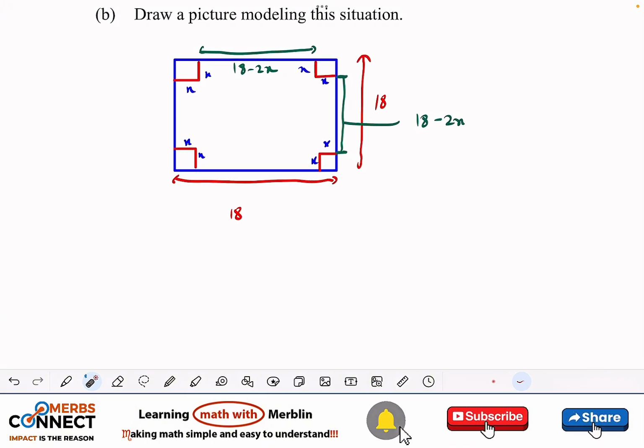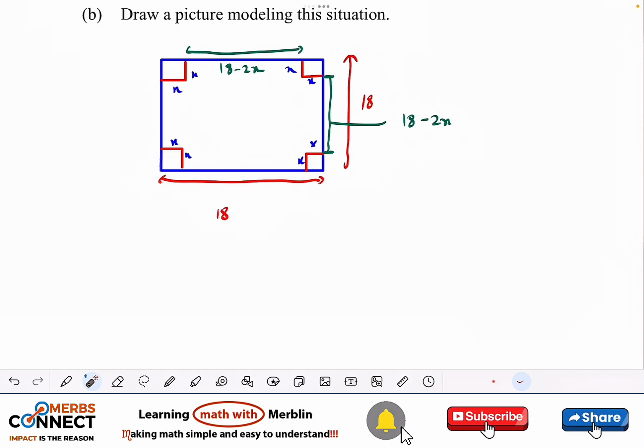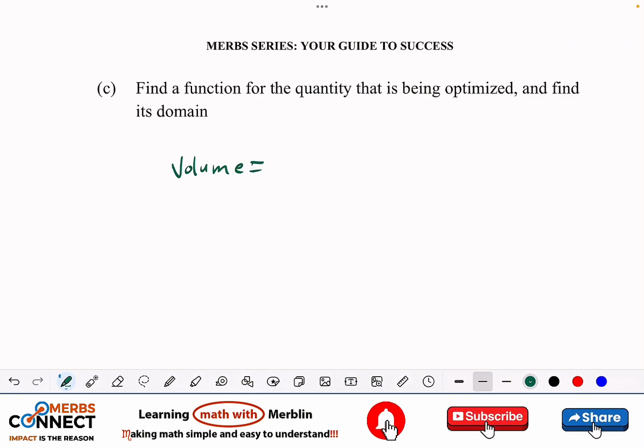Now that we are done with taking the picture, we can talk about finding the volume and going forward. What is the volume of this? We know that volume is length times width times the height.